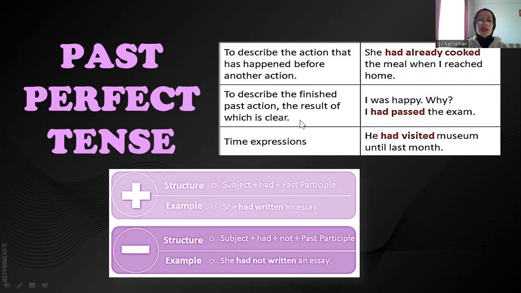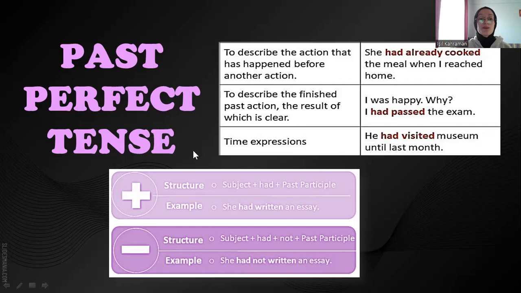Let's look at the negative form. There is a subject plus had plus not plus past participle. We learned what the past participle is. This is the verb third form.